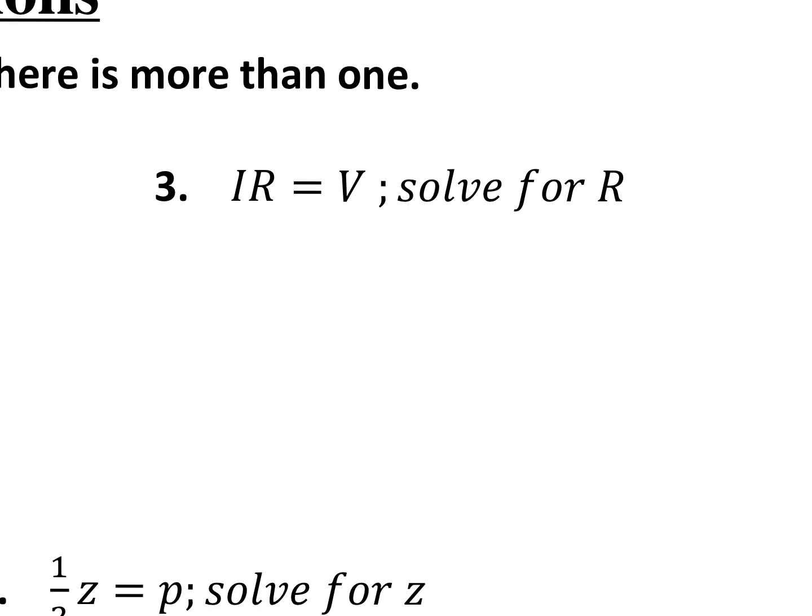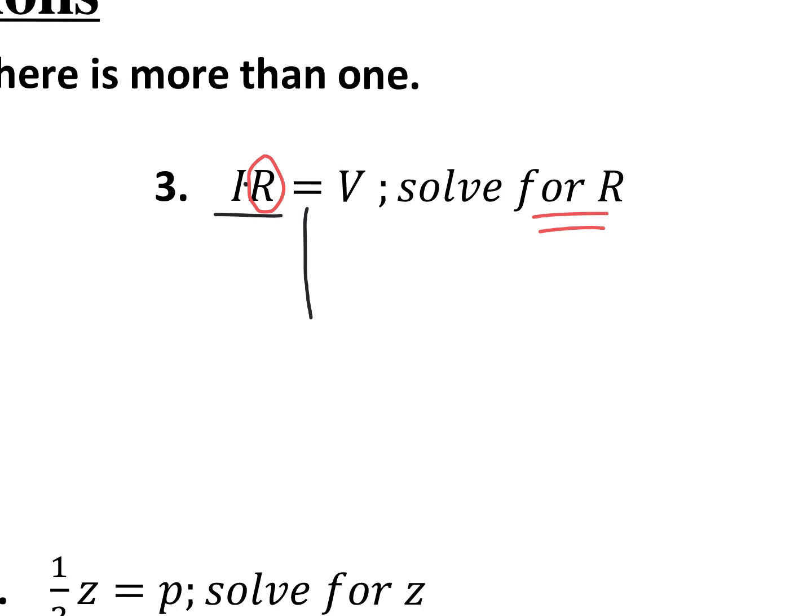Let's look at number 3. Okay. This is an equation that says IR. What's that mean again? Well, IR means you're multiplying. It's like a little dot in between there. I times R is equal to V. And we want to solve for R. So I'm going to circle the R. Now remember, I said it was I times R. So how do we get rid of an I that's being multiplied?